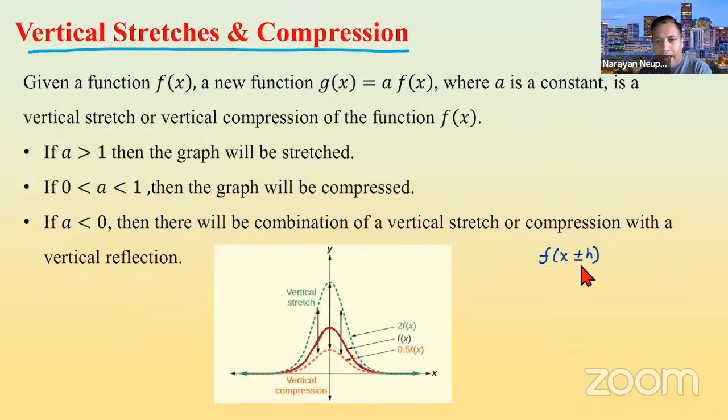If we subtract h, the graph will shift to the right. We have studied that. And then if we add or subtract some k value to that function, by adding k the graph will go up, a vertical shift in the upward direction. And if we subtract, the graph will go down. We talked about this in the previous class, okay?